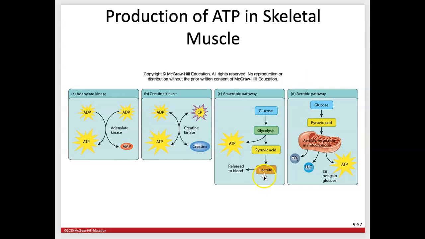Oxygen helps to get rid of that lactate, which is lactic acid. And if there's a buildup of lactic acid in your muscles, if you're on a stair stepper and you're breathing really heavily, there's lots of parts of your body that need that oxygen, and your muscles are going to be last to get it. And so your muscles are going to become very sore, and maybe even very painful.